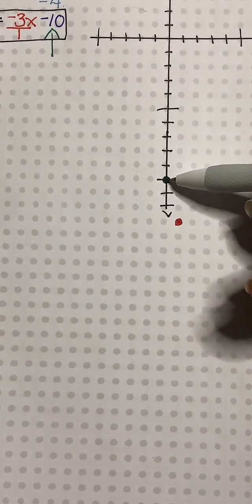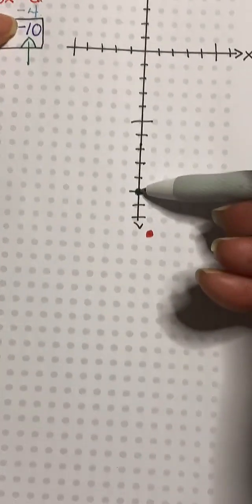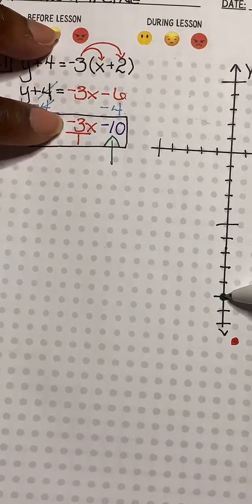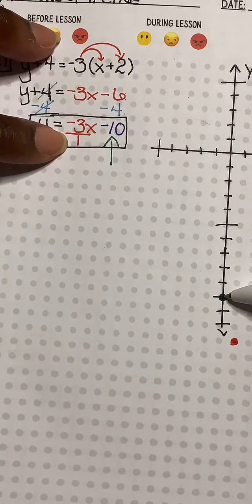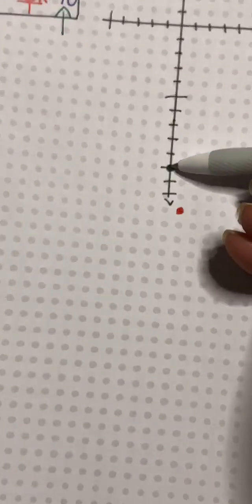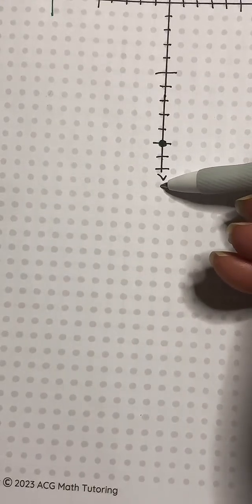So what I did was I start at my y-intercept, which was the -10. And then I went to my slope. My slope was a -3, which we made into a fraction, which was over 1. So my rise, that -3, that means I'm going down 3. 1, 2, 3.